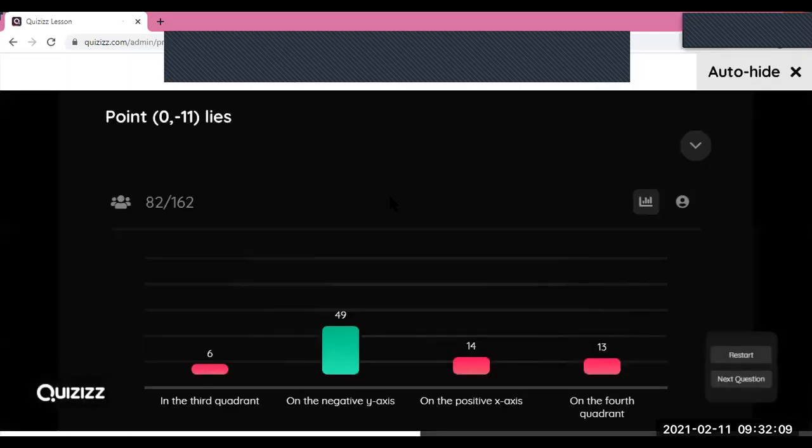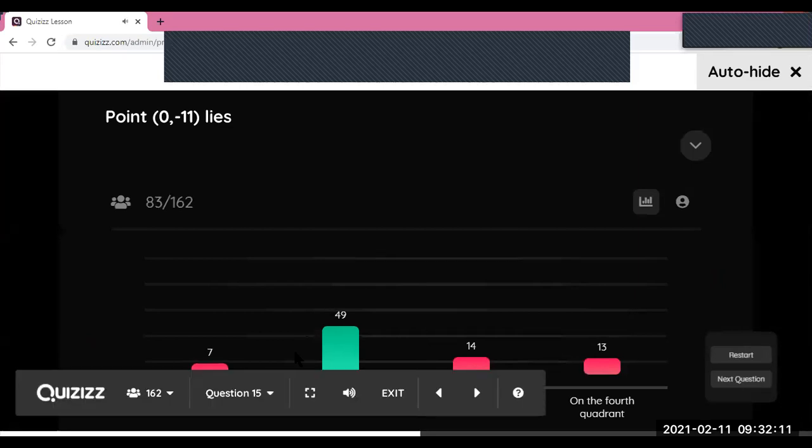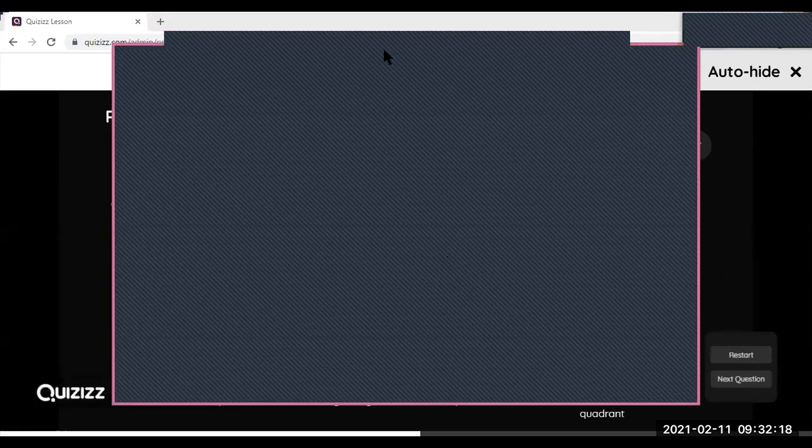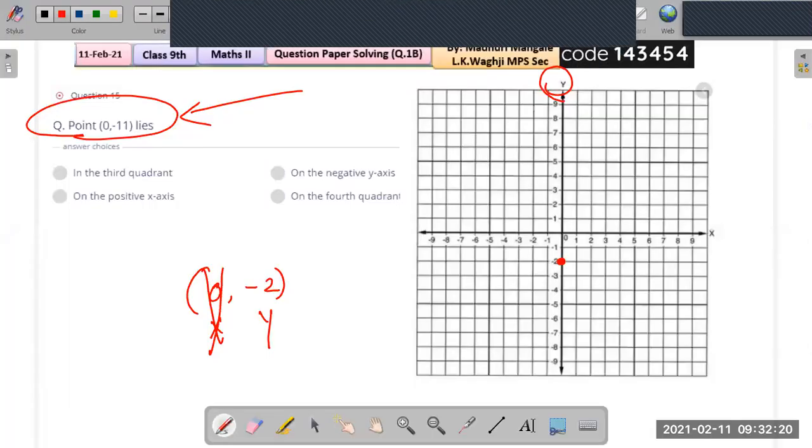X is 0 and y is negative 11. 49 of you have got it right. Great. Let us move back to the Zoom board. Negative 11 will be somewhere here, minus 10, minus 11, and this is the negative y-axis, right? So the answer was on the negative y-axis.